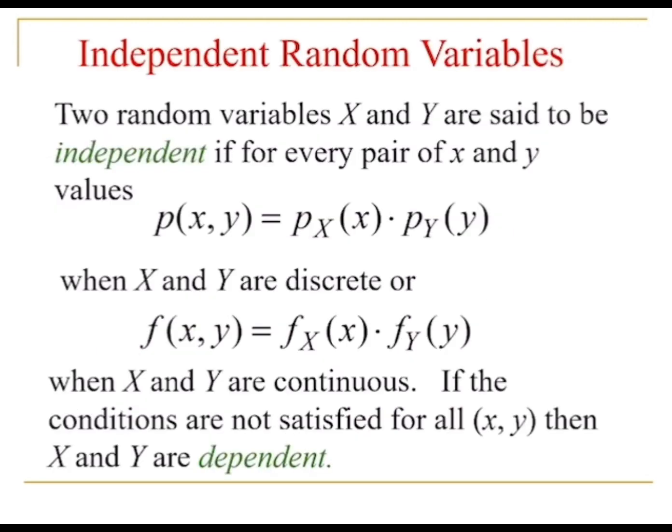If I'm able to get the marginal density of x, and I also get the marginal density for y, and when I multiply the two and that automatically gives me the joint probability density function connecting x and y, then I'm going to conclude that x and y are independent.